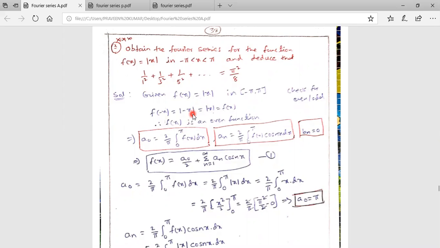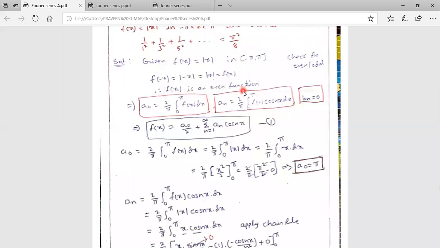Mod minus x will be nothing but mod x only. So I've taken f of minus x, and the result is f of x only. Therefore the provided function is an even function. Everyone knows well that mod x is an even function. If it is an even function, obviously we are going to have a naught and an only. Bn will be 0.